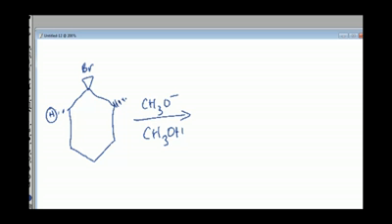So I can abstract that hydrogen, leave these electrons behind to form a double bond there, and you would get something like this. Okay. Again, the concept is the same though. Abstract the hydrogens that are anti and coplanar and form a double bond. Not too much to these, you just have to make sure you pick the right hydrogens.